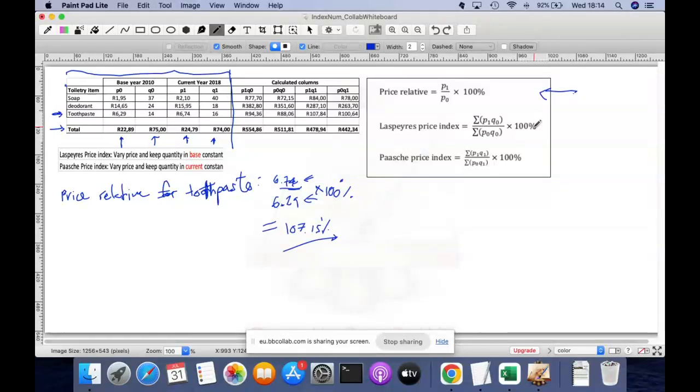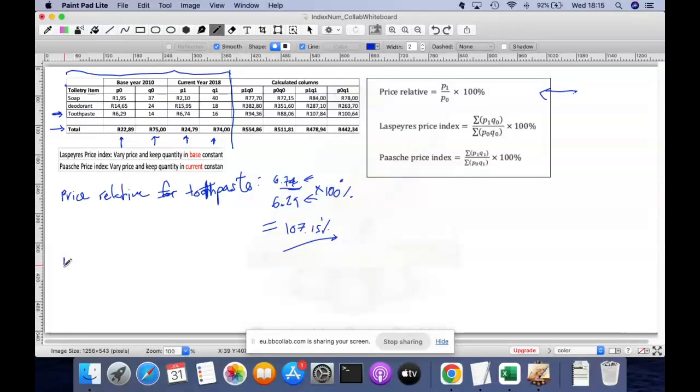All right. So now that you've worked out the price relative for toothpaste, you need to explain the result that you got. How I recommend you do this is whenever you work out the index, you need to work out the change. How much has it changed going from the base year to the current year? A simple method is just to subtract 100% from it.